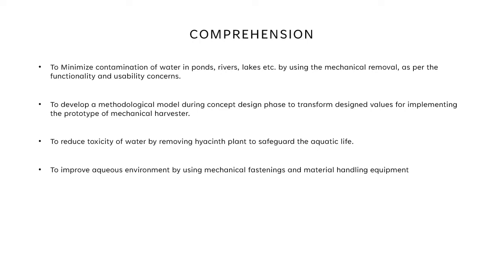Basically, we were to ideate a machine that could remove these weeds and hence make the river a better and cleaner place, and to develop a model on this concept design so that we can implement this prototype of, say, a mechanical harvester. In doing so, we would reduce the toxicity of water by removing the hyacinth weed, and we would help safeguard the aquatic life.